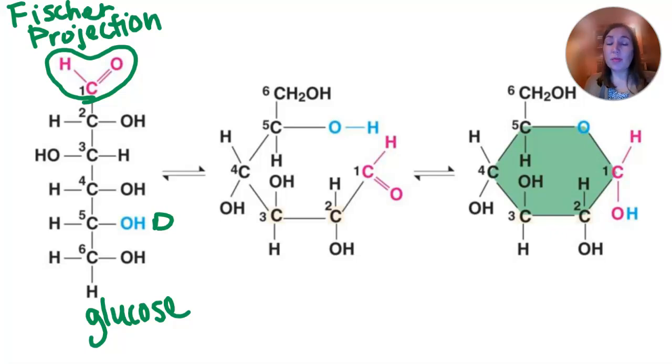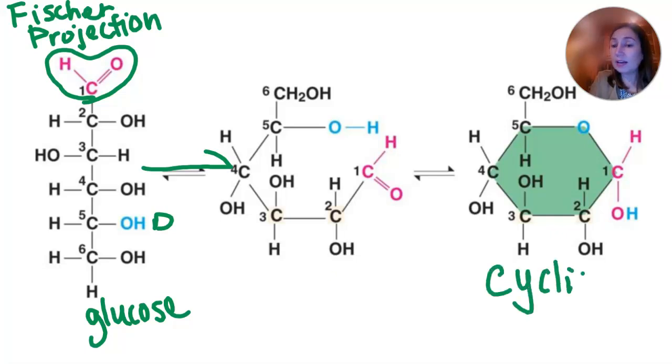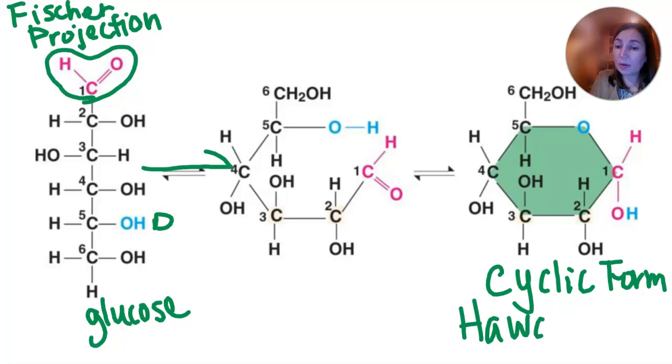When we talk about glucose in solution, it's going to be in equilibrium, pushing towards its cyclic form, and has a preference for a cyclic form instead of this straight chain Fischer projection. So it has an equilibrium between this and a cyclic form, and the cyclic form has the name Haworth projection.